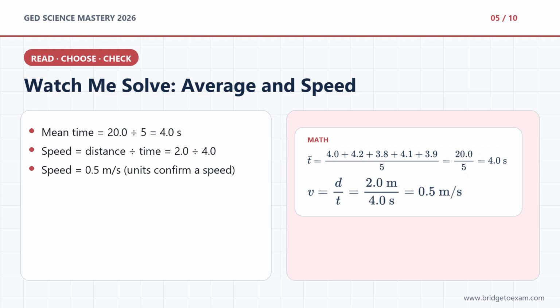Now the speed. Distance over time. 2 meters divided by 4 seconds equals 0.5 meters per second. Check. The units are right. Distance over time gives meters per second, a speed, and 0.5 meters per second is reasonable for a slow toy car.